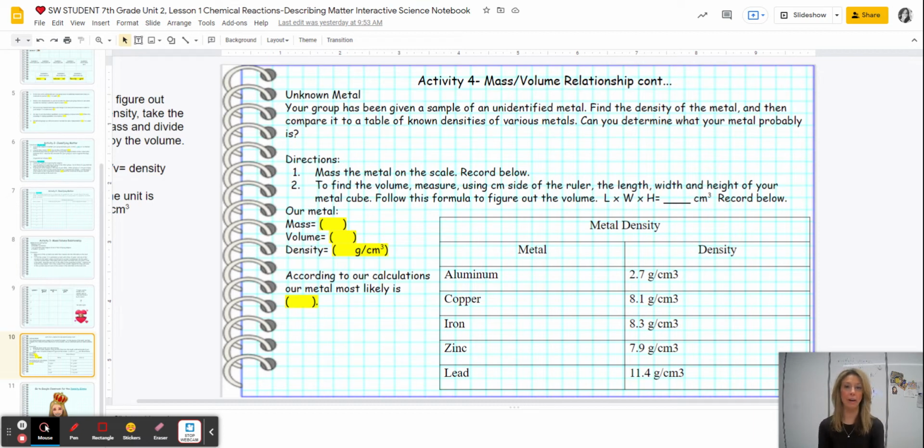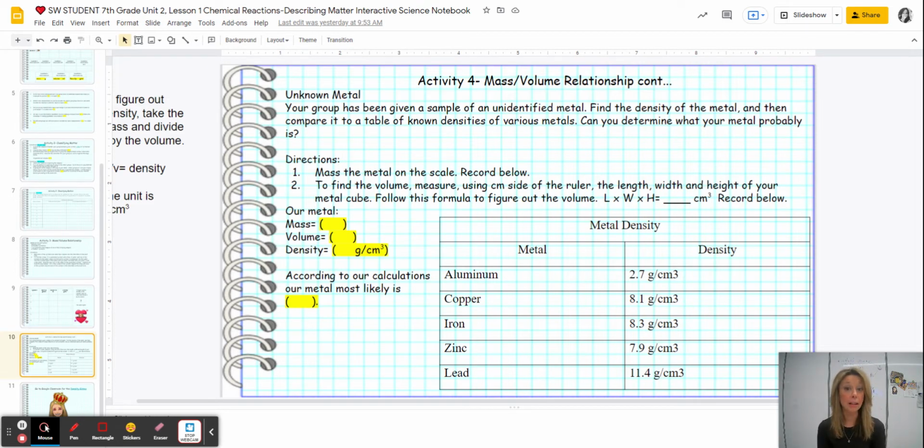So if we have a substance with a known density, and then we come across a substance where we don't know its density, we can figure out that density. We can mass it. We can figure out its volume, either doing water displacement, or length times width times height if it is a cube shape.